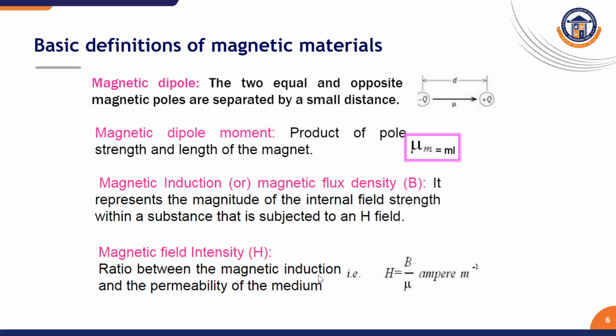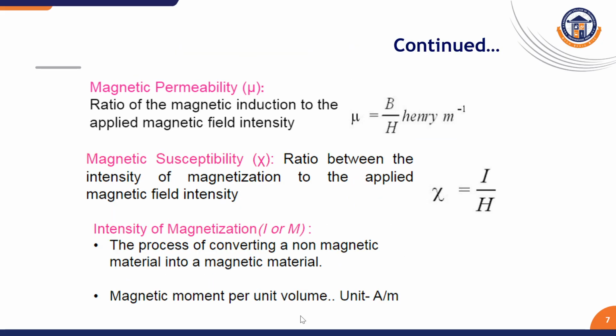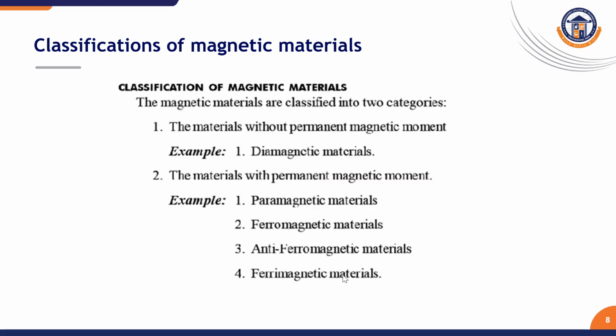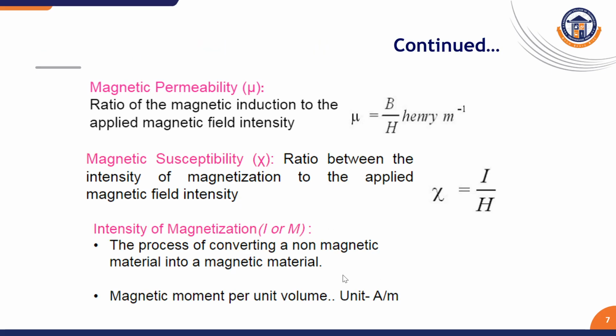Magnetic field intensity, represented as H, is the strength of the external field applied. Permeability tells us how easily a material can be magnetized, and susceptibility measures how much magnetization is produced per unit applied field. These definitions will help us clearly understand the different types of magnetic materials.